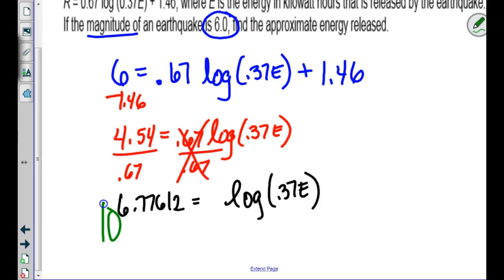Yes, exponentiate or rewrite what it means. So I have 10 to this power equals 0.37e. So after I type in that 10 to that nastiness, and it's going to depend on how you round along the way, but it's going to be a big number either way.